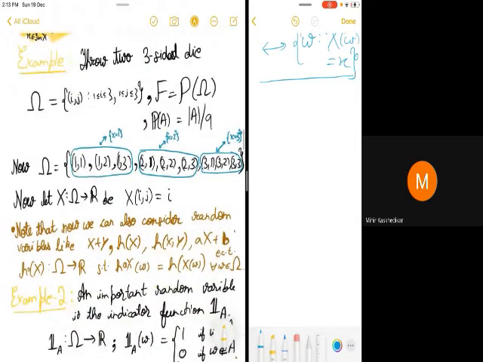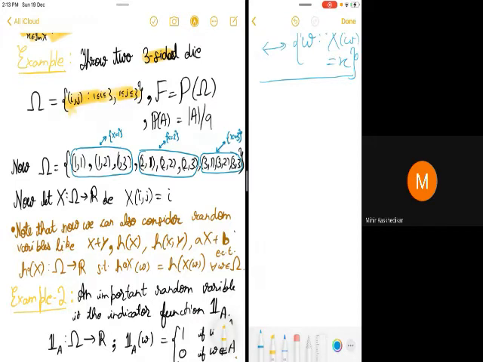Now just to give an example, suppose that we have two three-sided dice, and we have taken it to be three-sided just for simplicity. So our sample space omega is pairs (i, j), where 1 ≤ i ≤ 3 and 1 ≤ j ≤ 3.